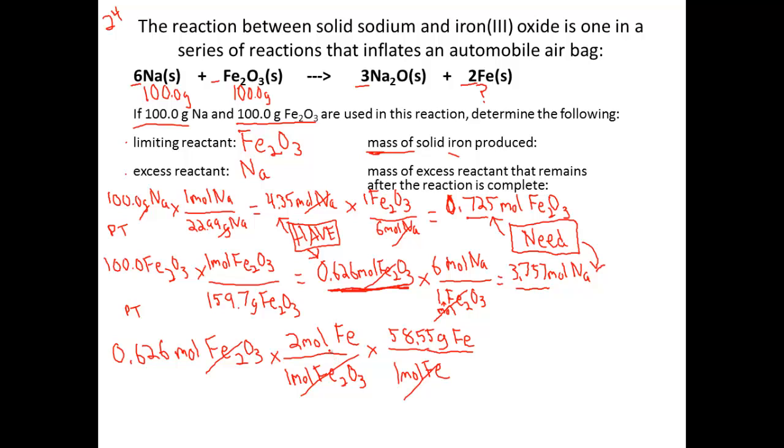Moles cancel moles, and we are left in the end with about 69.95 grams of iron being produced. So the mass of solid iron is 69.95 grams of iron. And our last question says the mass of excess reactant that remains after the reaction is complete.